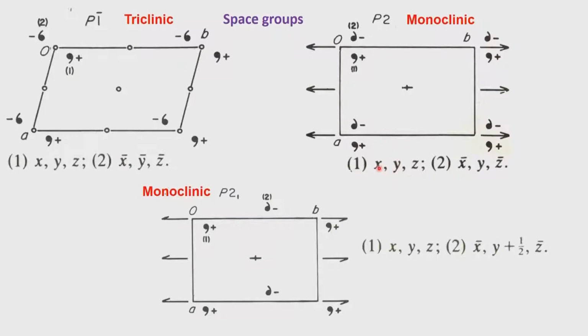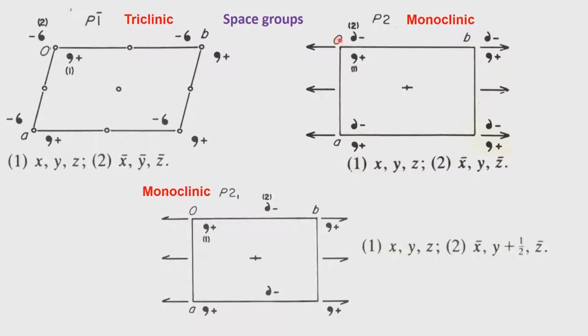Whatever the values of x and z, they will change to minus x, minus z. But once we fix the value of y, the value of y will remain unchanged. So, the location of the two-fold axis could be anywhere along this direction. As a result, we do not get any other positions associated in the b direction.